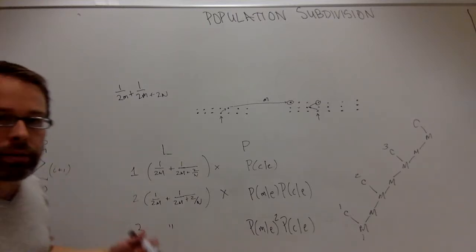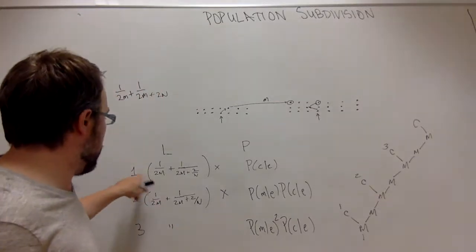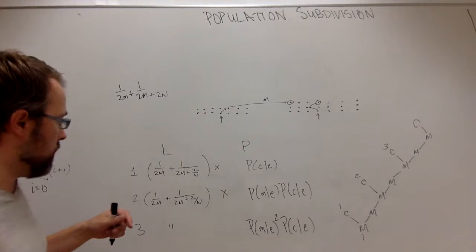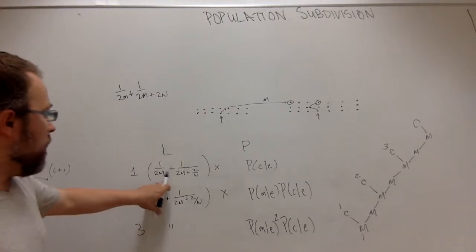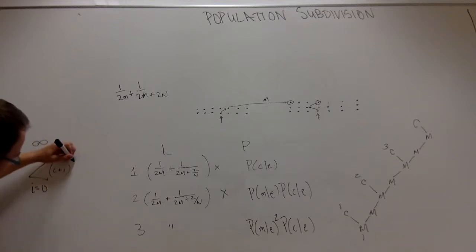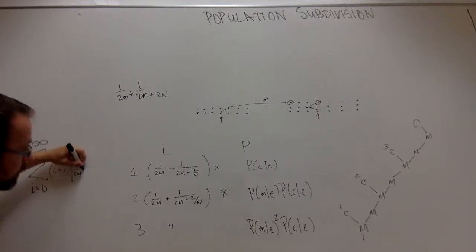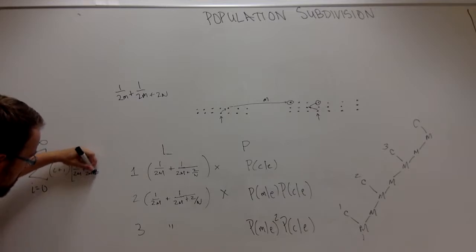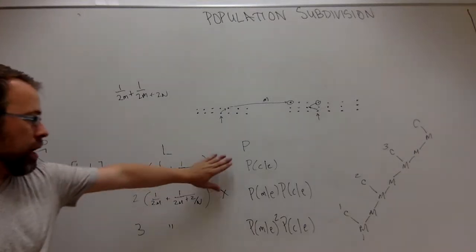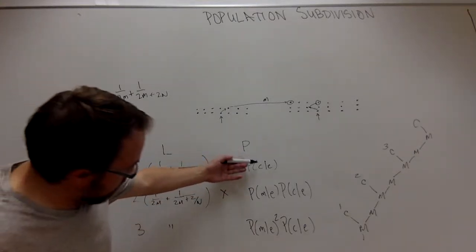Because if i is 0, then this 1 is i plus 1, I'm sorry. Times this value, and so that value is equal to 1 over the, I guess I'll just write it all out. Okay, so it's that value times, and we can summarize this, right?